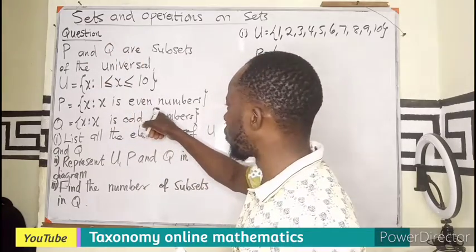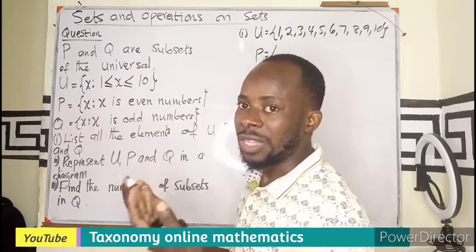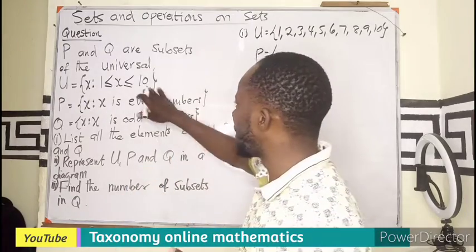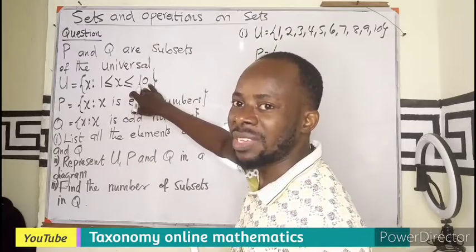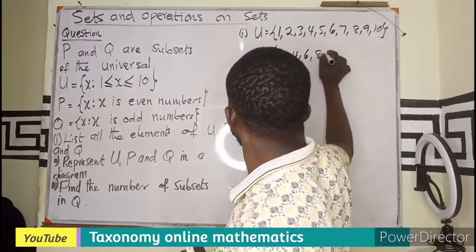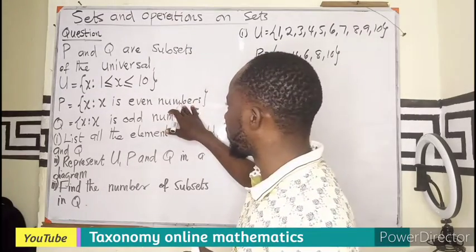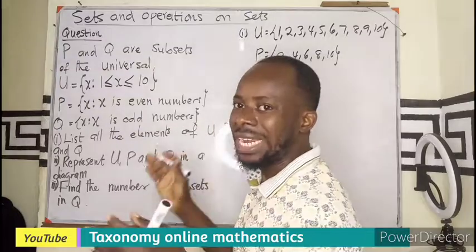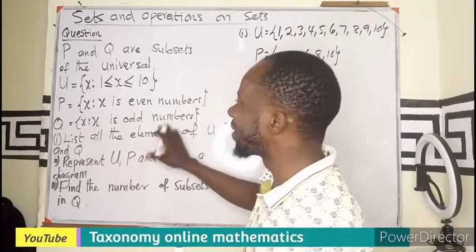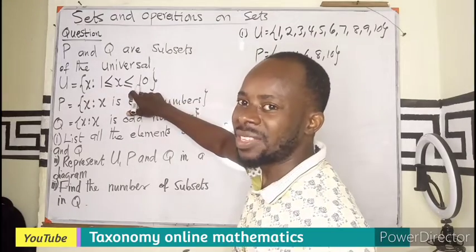So even though this is an open set, we cannot continue to state numerous even numbers, but it must be under the umbrella of the universal set. So that will be 2, 4, up to 10. Because even numbers are an endless list, but in this case, the numbers must be under the universal set.